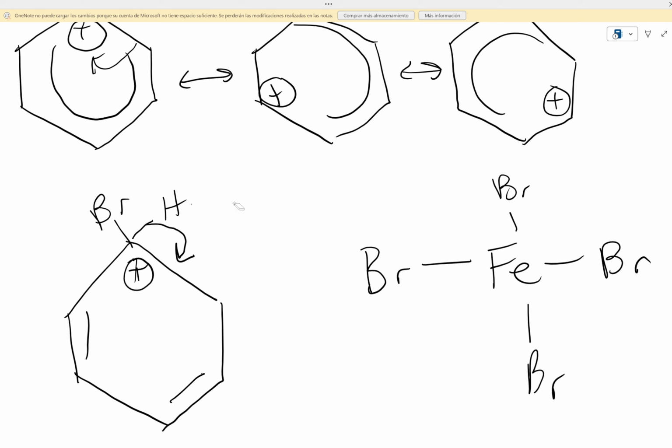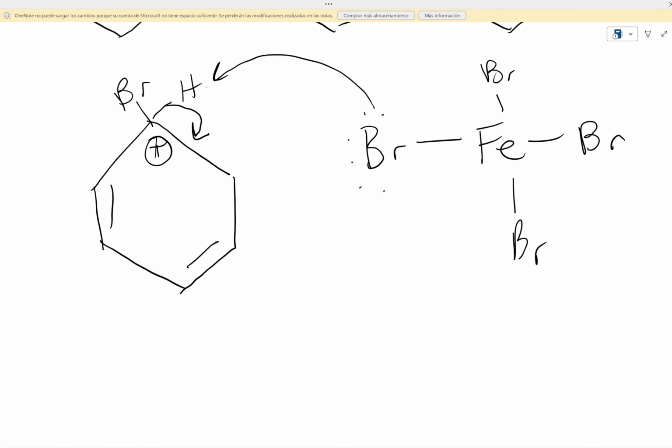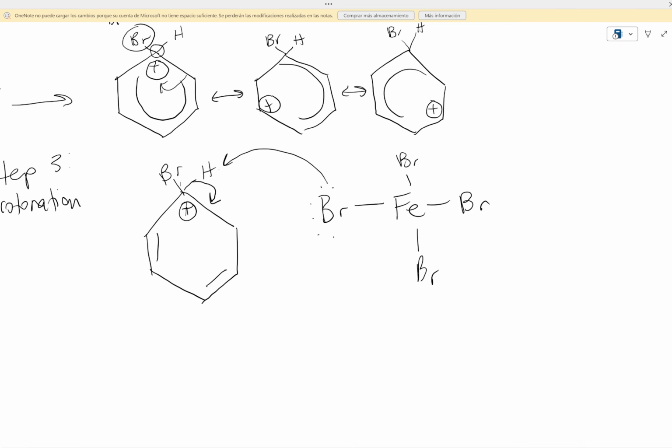So the bromine is gonna be attracted to the hydrogen, and when the bromine is dragging the hydrogen off of the ring, the electrons in the pair between hydrogen and carbon right here are going to be donated back to the ring.